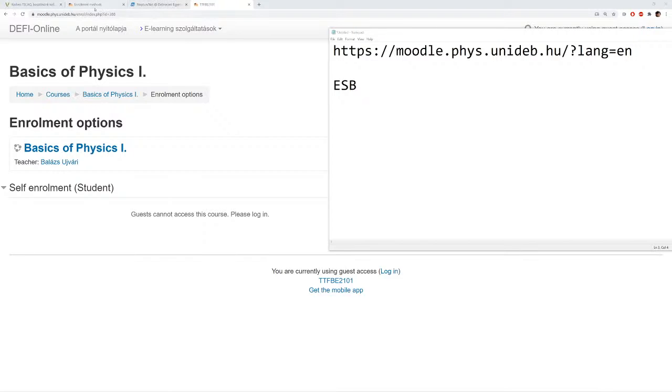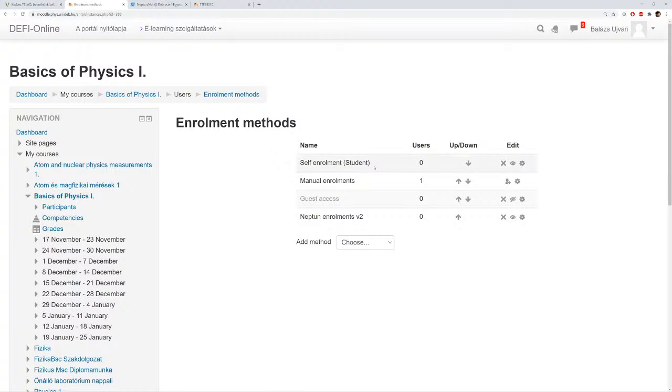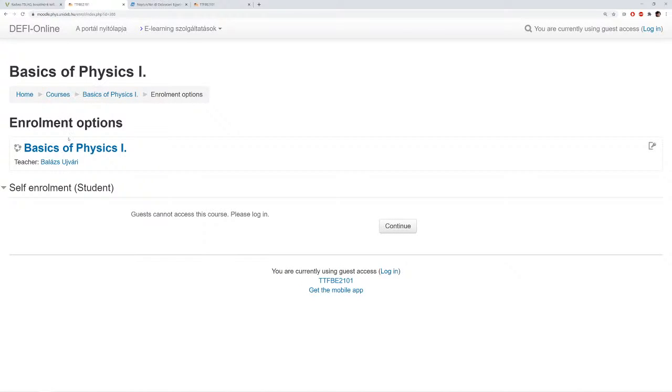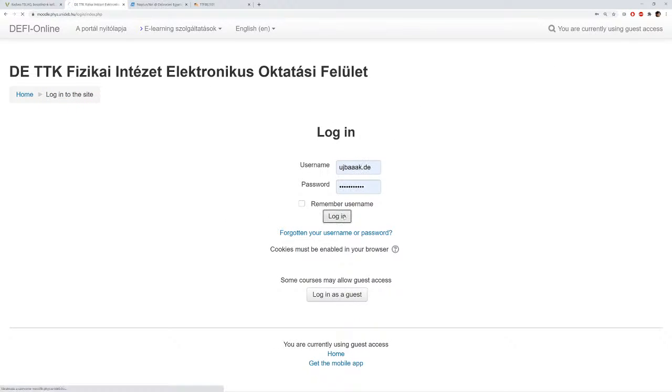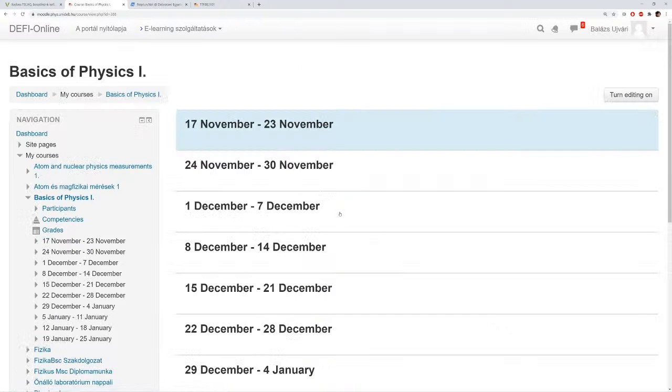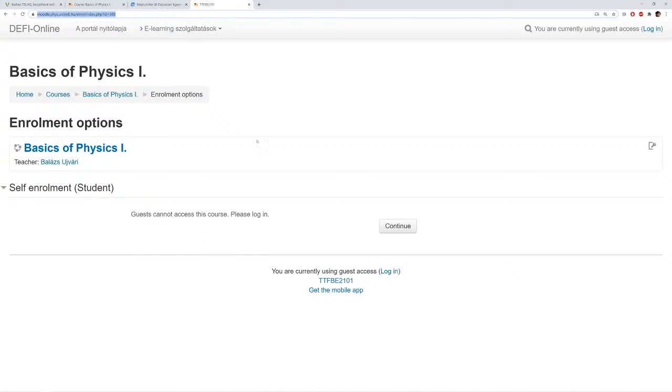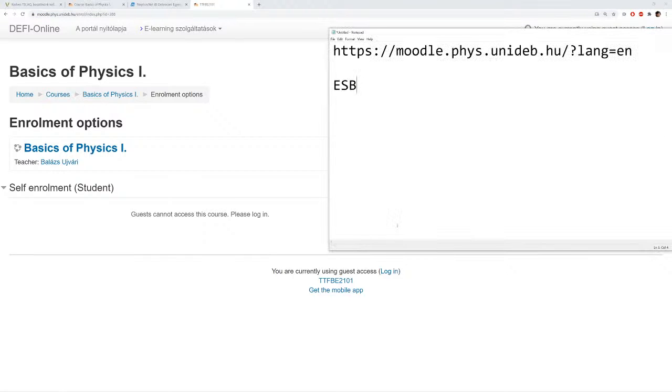Let me see. Oh, I have to log in again. Technically, when you choose this self-enrollment, it will ask for a key, and the key is this ESB.